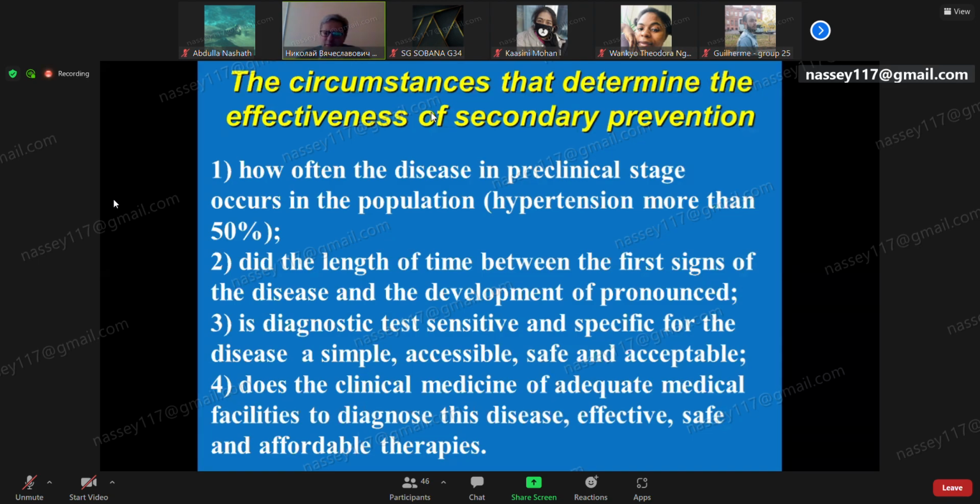For hypertension, it may be very long. For heart valve defects, it may also be long. For other diseases, it may be shorter, for example for coronary artery disease, and especially for cardiac rhythm disorders.